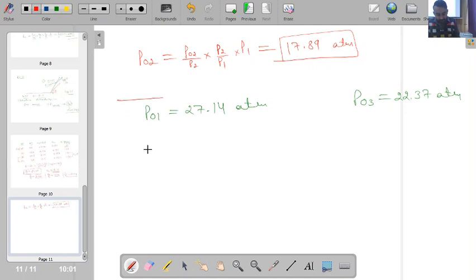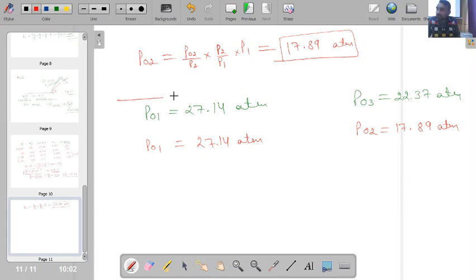Now if you consider part B. For part B, P01 is same, 27.14 atm. What about this one, downstream pressure? 17 point.